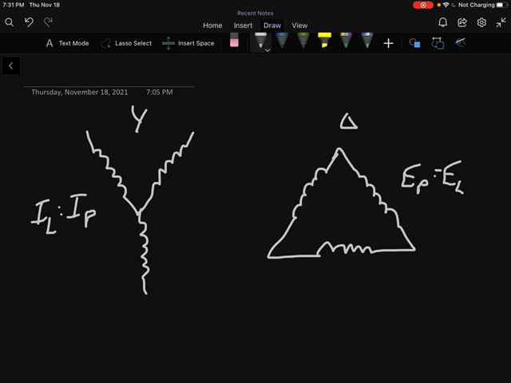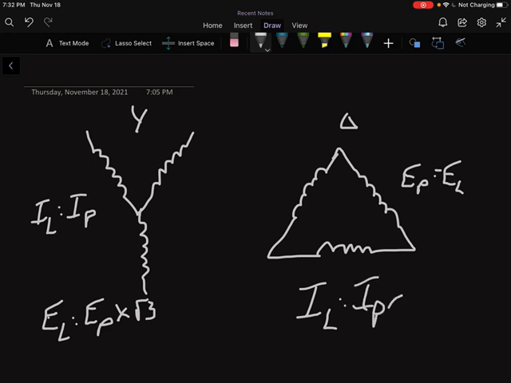And if we looked at voltage in Y, our E line is equal to our E phase times root 3. And in delta, we had our I line is equal to our I phase times root 3.